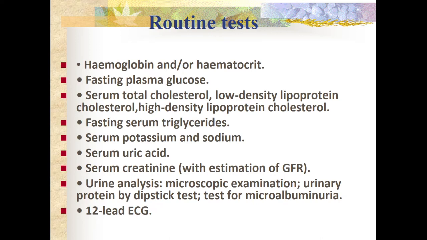Investigation of arterial hypertension includes, except physical examination, laboratory and instrumental methods. Hemoglobin and or hematocrit.